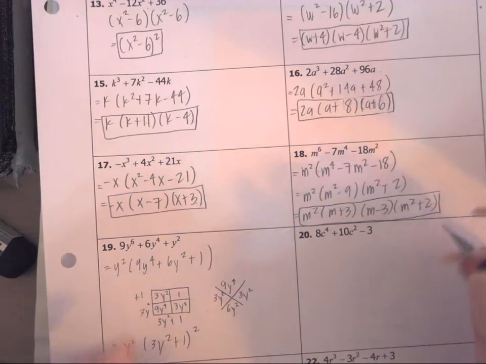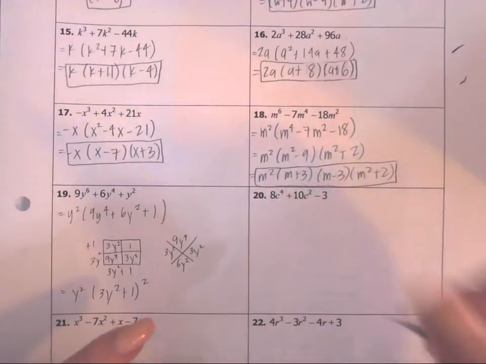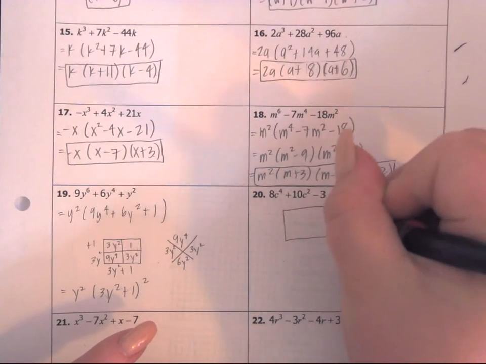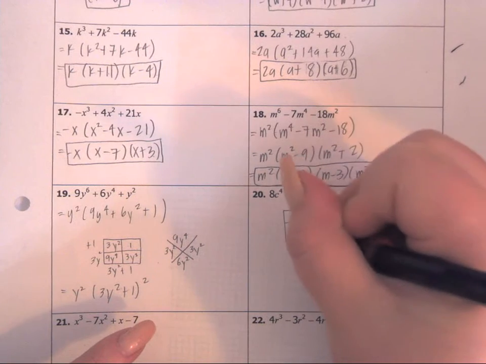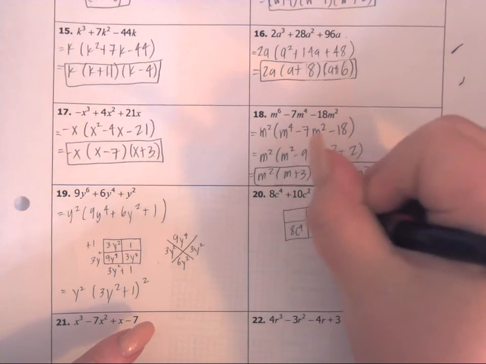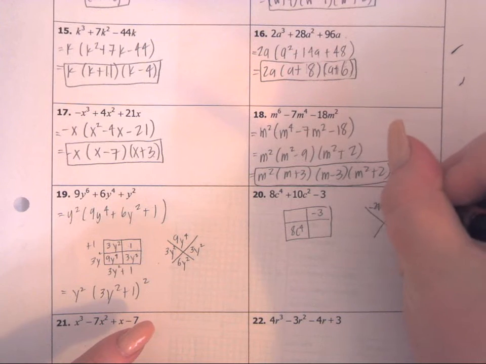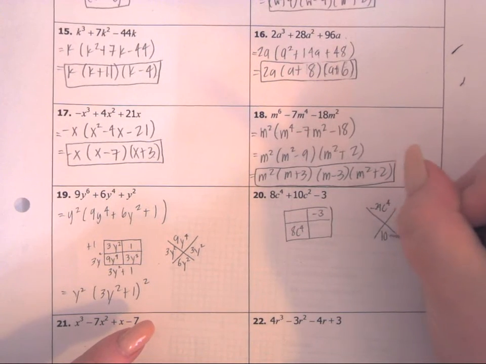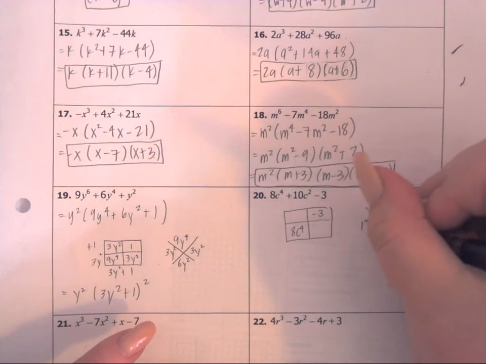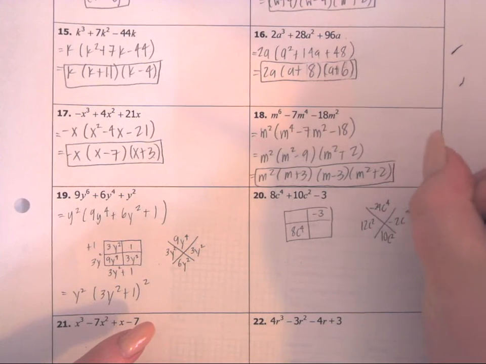Okay, here also can't take out anything from the beginning, so you make your area model in diamond. So 8c to the 4th here, negative 3 here, negative 24c to the 4th, 10c squared. So that's 12c squared minus 2c squared.